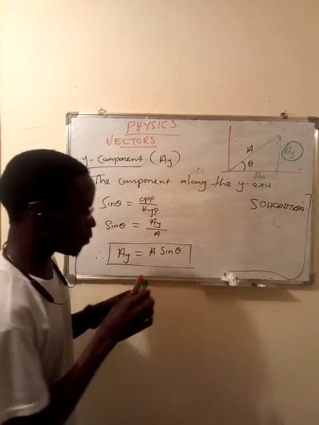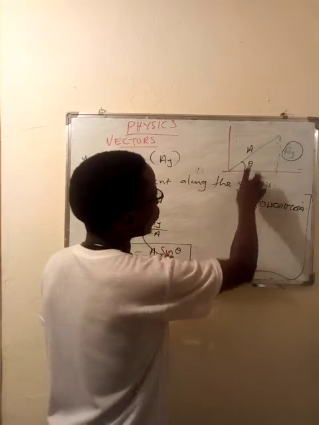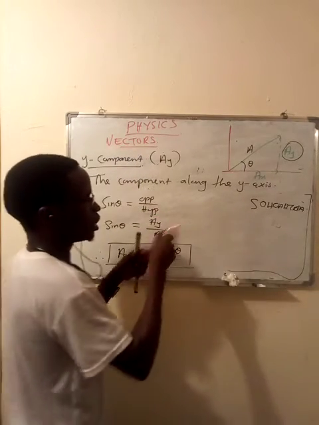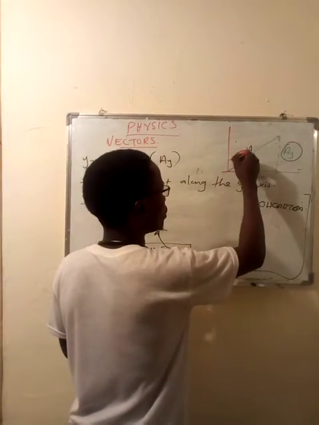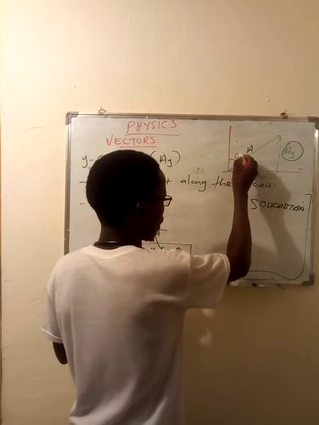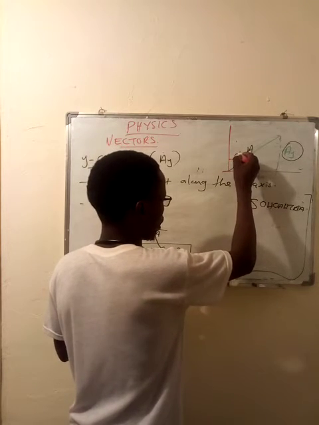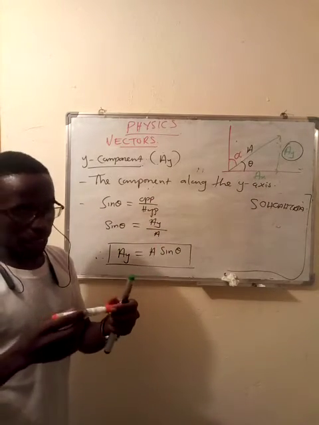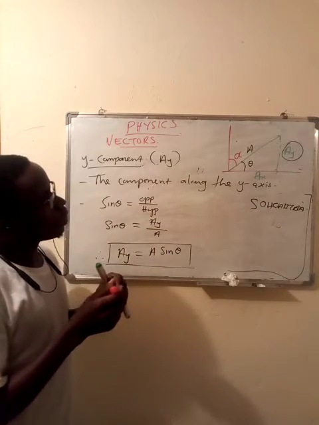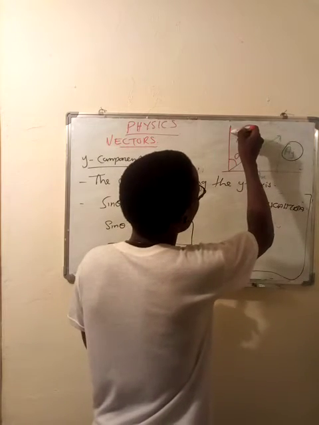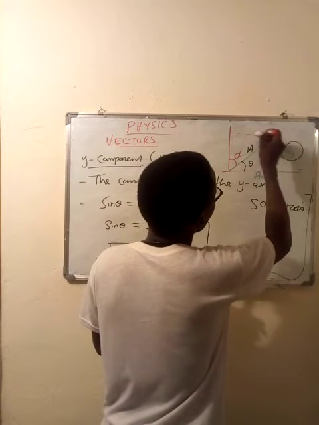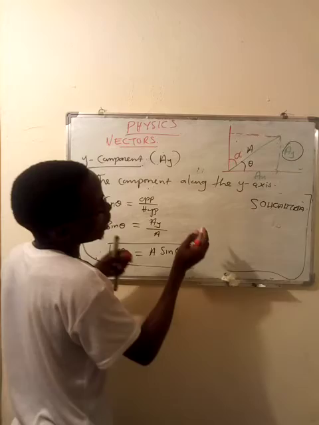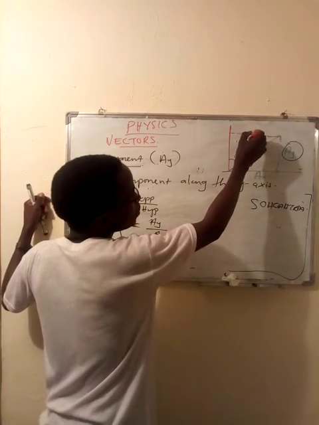For example, if the angle was here, let me write it in red, and I'll use alpha and not theta. So imagine that is the angle that we had. If that is the angle that we had, then remember our x component is obviously this one here.